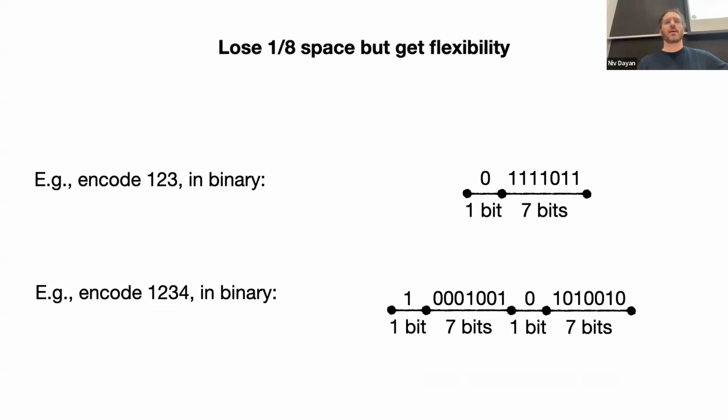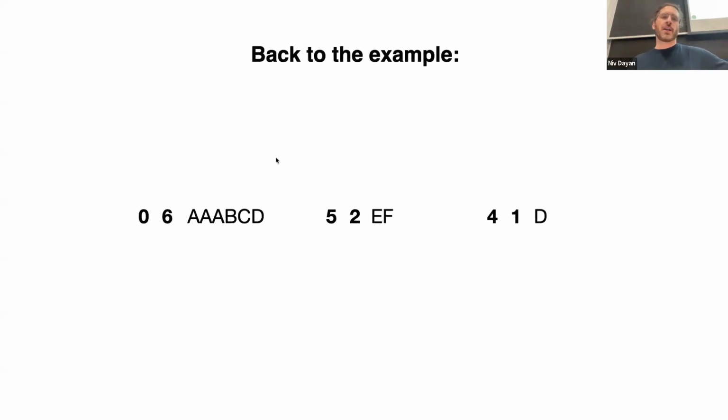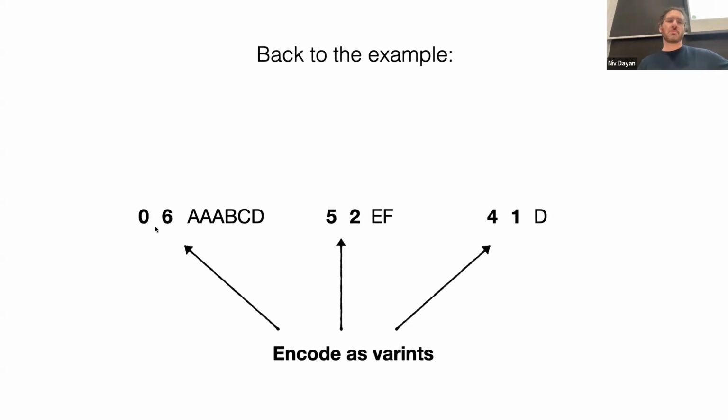All righty. So we're going to lose something like 1 divided by 8, this fraction of the space. But the nice thing that this allows us to do is we are now very, very flexible, right? We can encode each one of these shared and unshared counts using usually just 1 byte for each. So we're going to waste something like 2 bytes for each key value pair for these.